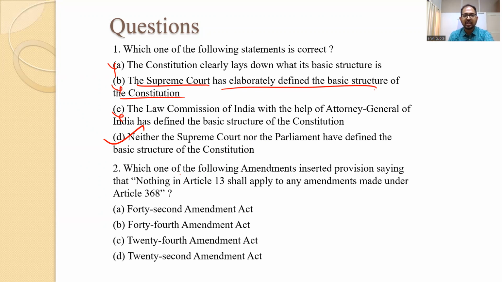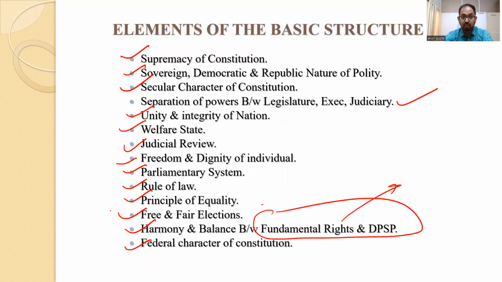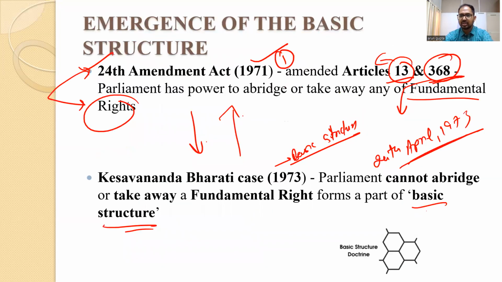Next, which of the following amendments inserted the provision saying nothing in Article 13 shall apply to any amendments made under Article 368? So you can look into that in today's session only. This 24th Amendment Act we have talked about.